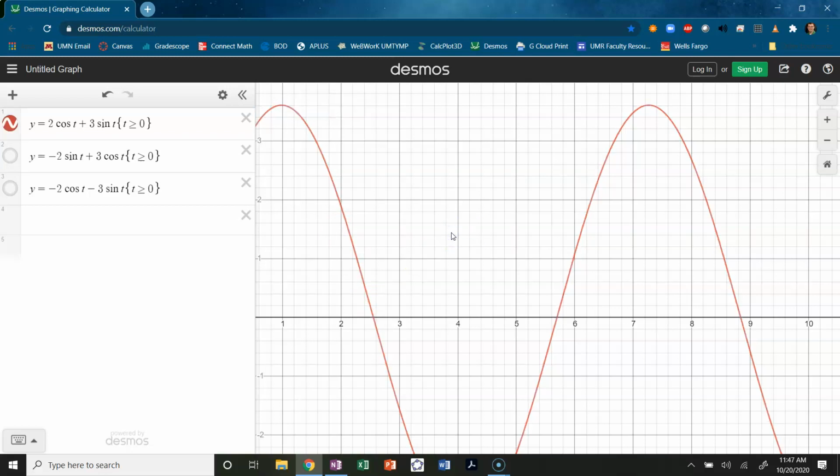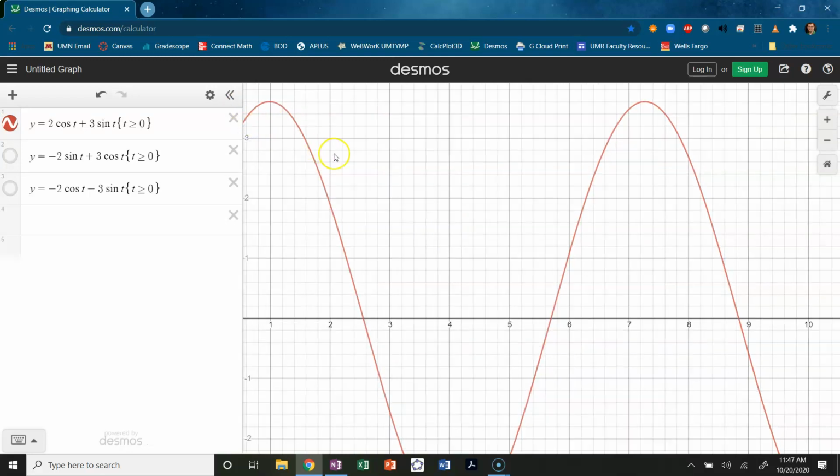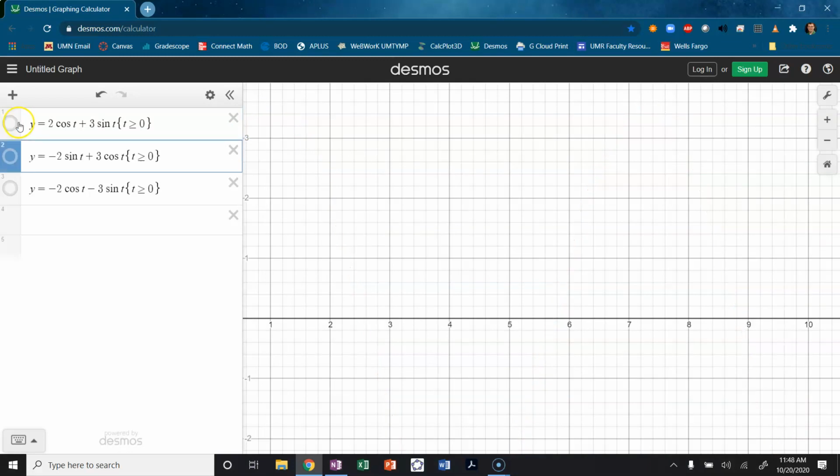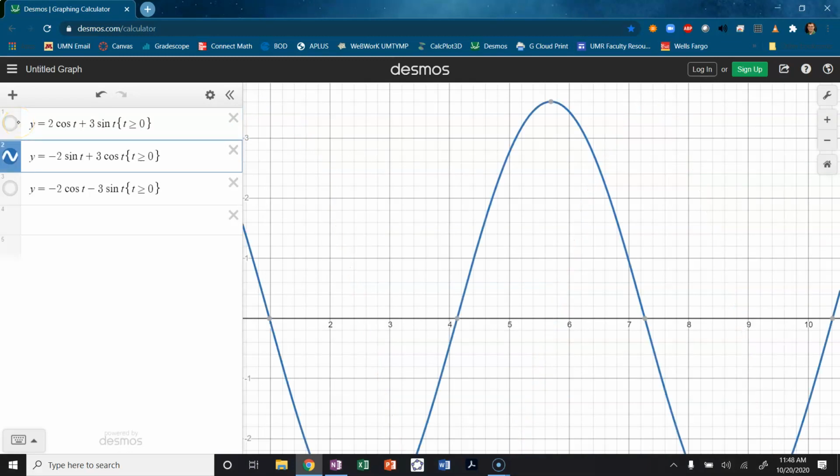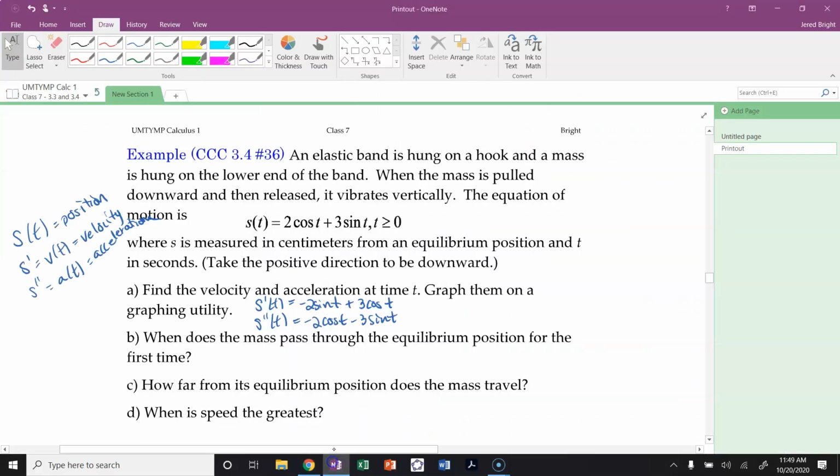That is looking at the velocity function, where are the points that cause maxima? We'll get all that here in a moment.